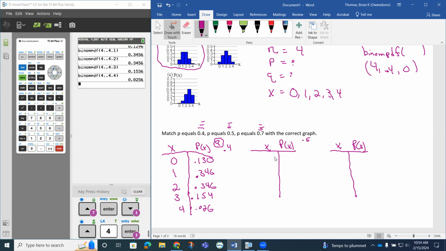Again, we're doing the binomial distribution formula because we have 4 trials, but now our probability is 0.5. And our question is, if I do this 4 times, what's the probability that I don't get successes at all?